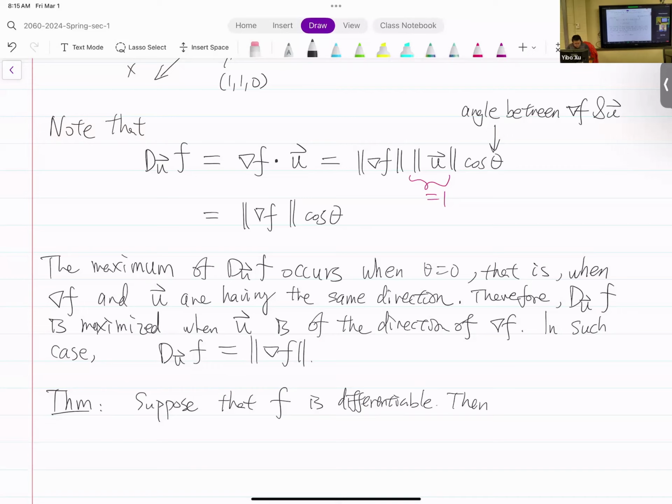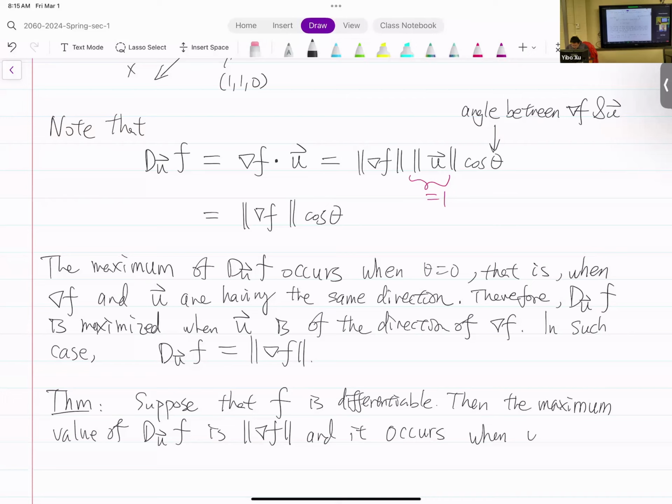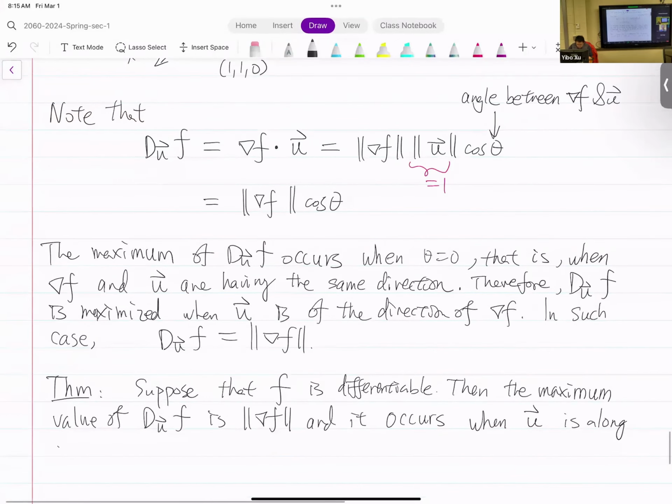Then the maximum value of the directional derivative of the function is the magnitude of the gradient, and it occurs when u is along the direction of the gradient.